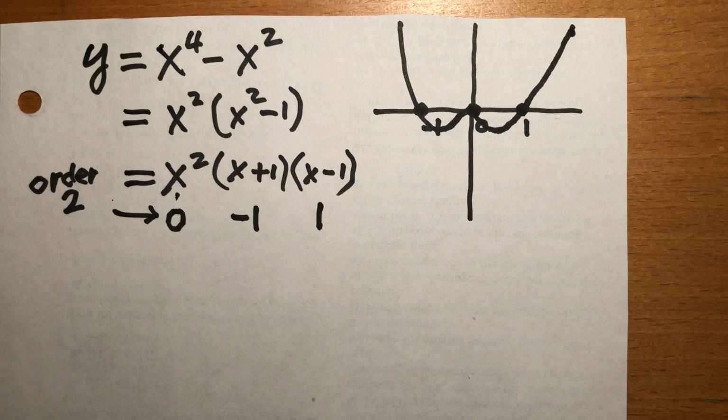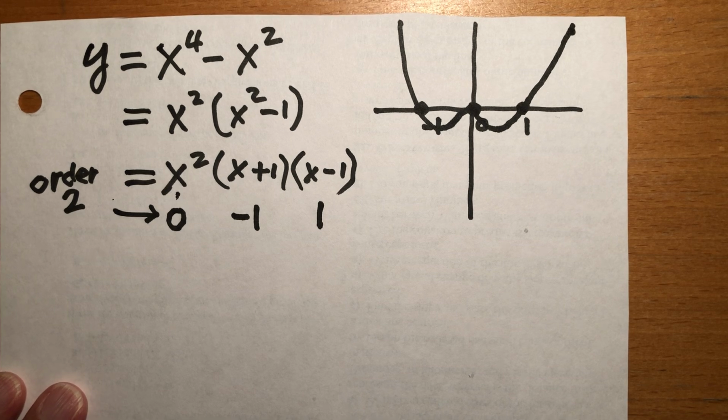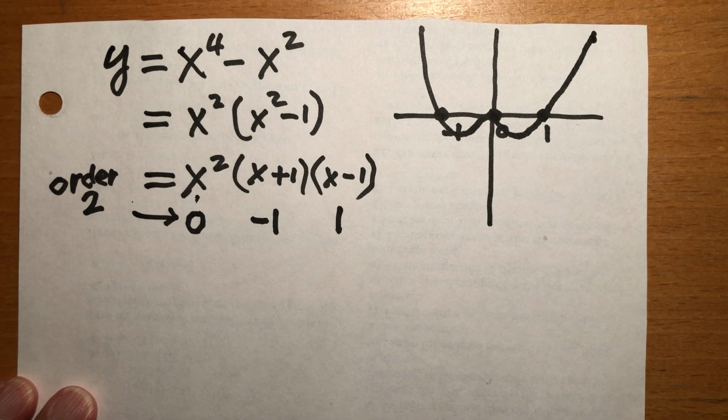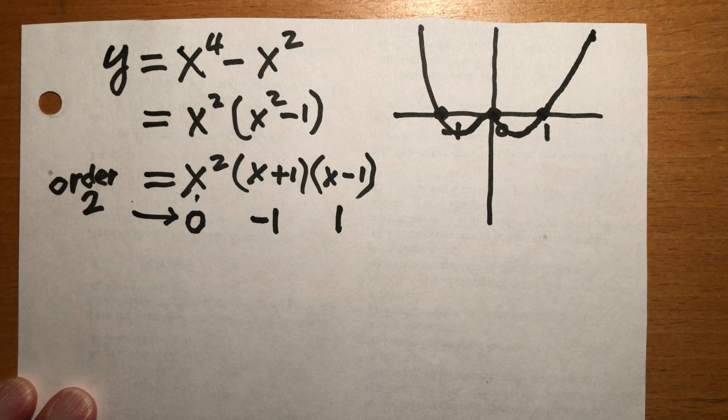The next thing is the reverse of this process. If you have a graph, how do you find the function? Sometimes the graph is not given to you directly, but instead a table of values is given.